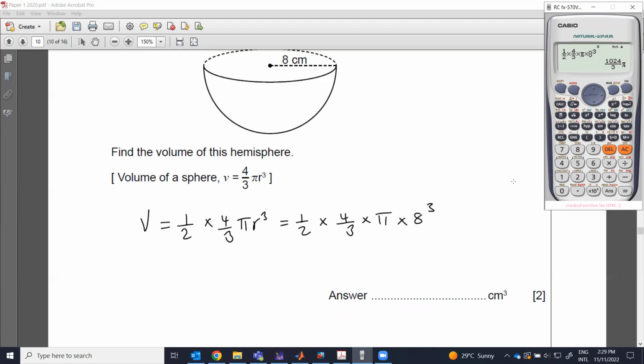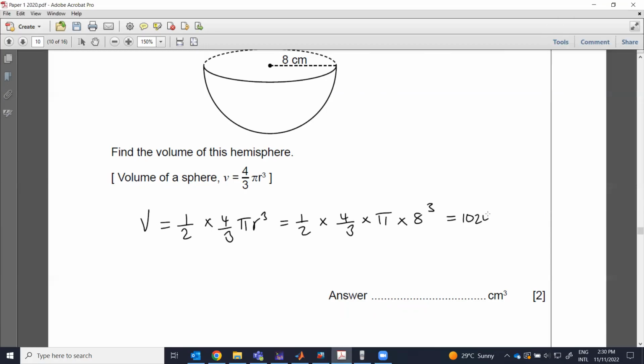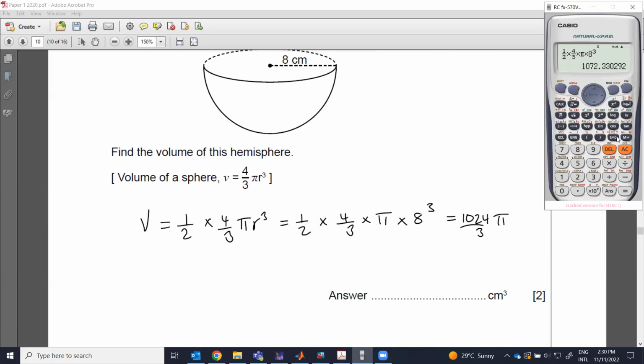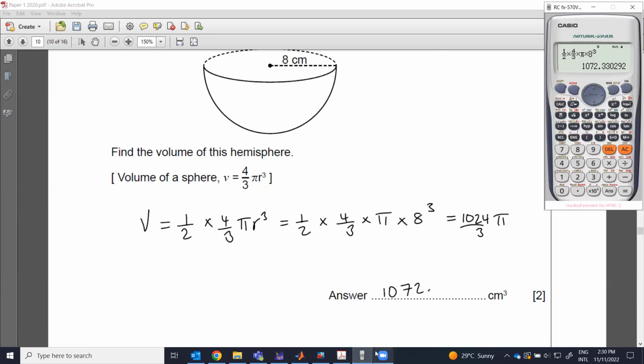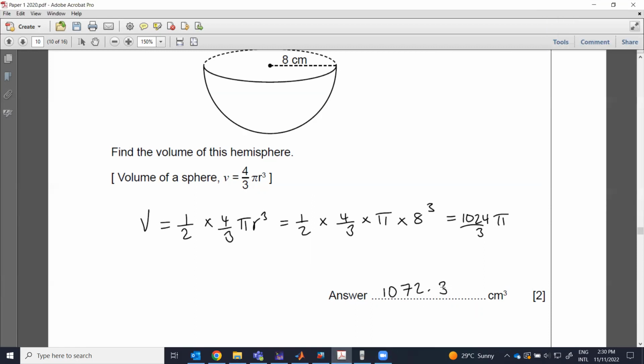And this gives me 1024/3 pi. Okay, and then we always want to write it to 3 significant figures or 1 decimal place, 107.3. Okay, so just follow the instructions on the paper.